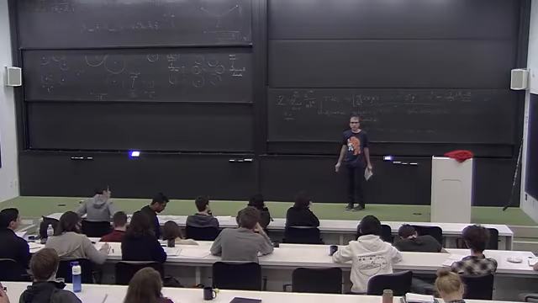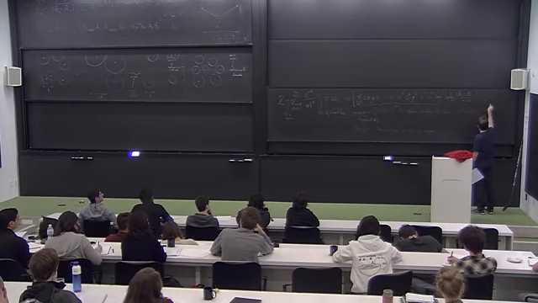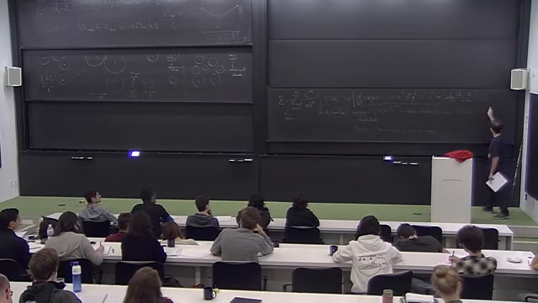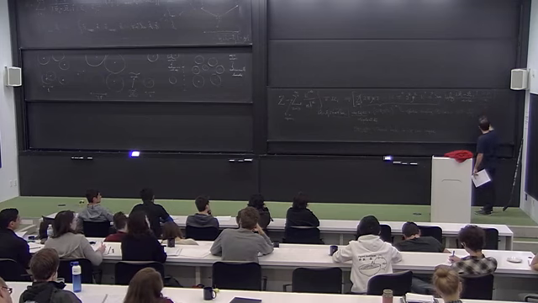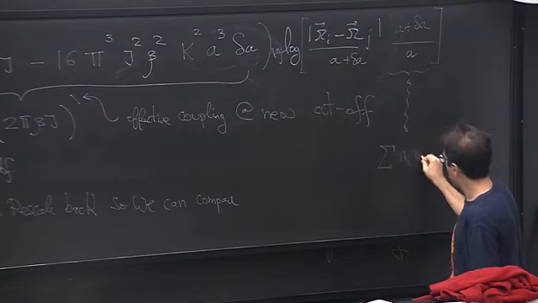I redefined the new cutoff to be 1. And I have this extra term here, which gives me log of this term. So this term will contribute to how? Sum over i and j.